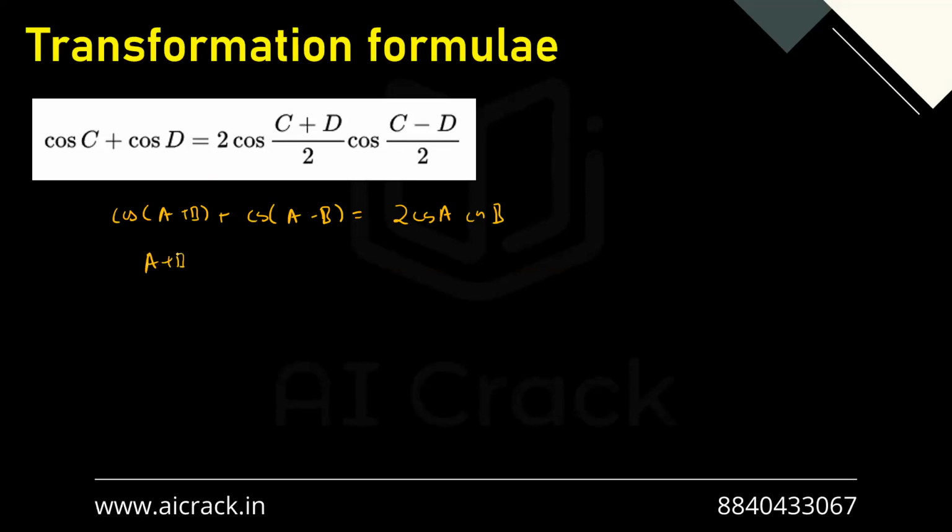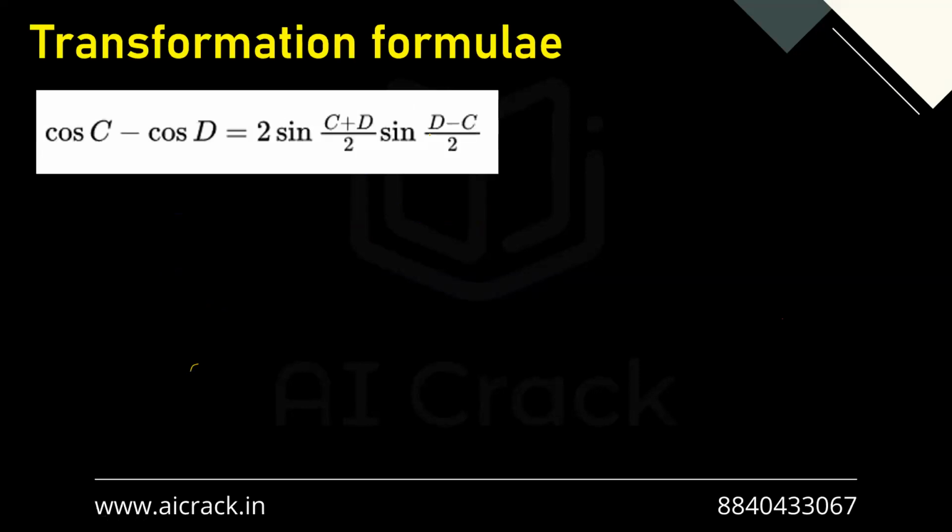A plus B equals C, A minus B equals D, and then using the summation and difference, we'll be getting A equals C plus D by 2 and B equals C minus D by 2. Same thing, right? We just have to replace, and we'll be getting this particular formula, 2 cos of (C plus D by 2) and cos of (C minus D by 2). I'll be skipping this one because it's the same process.